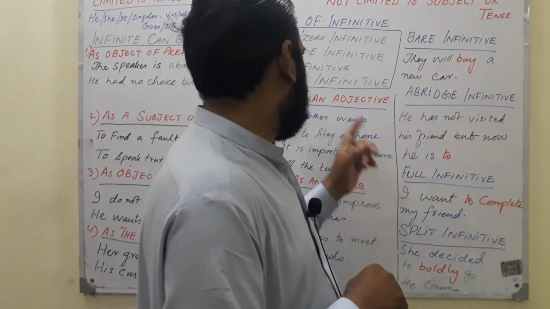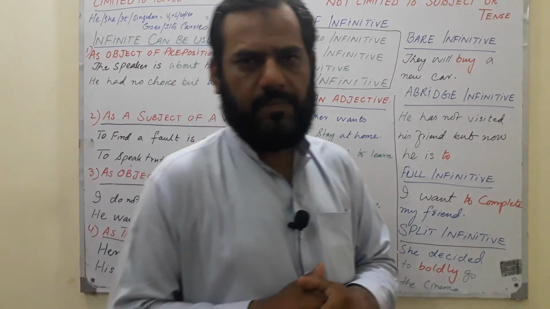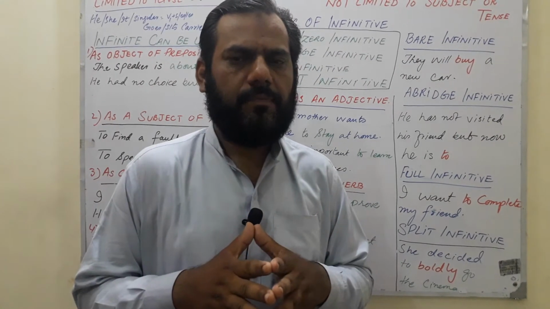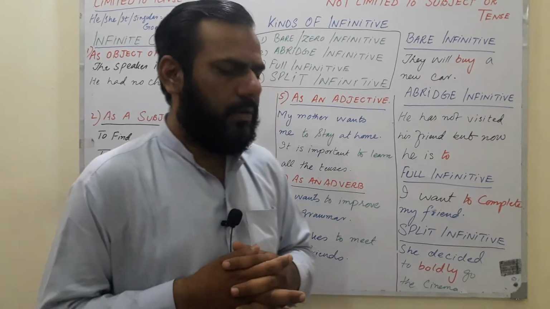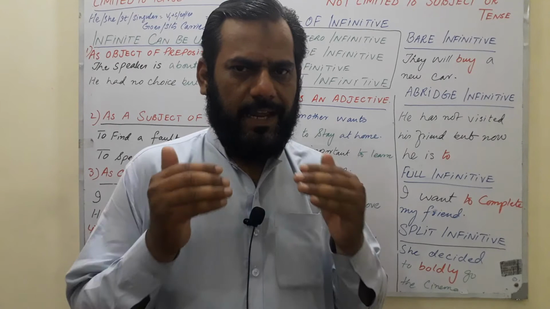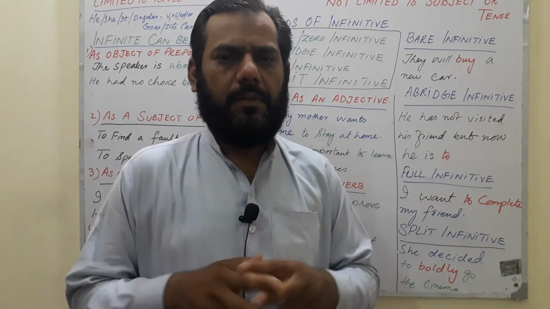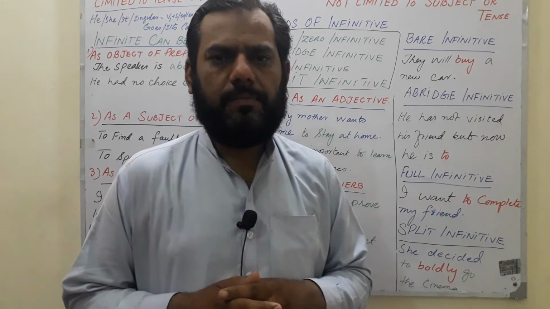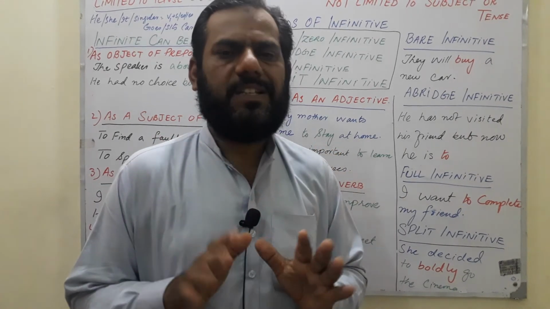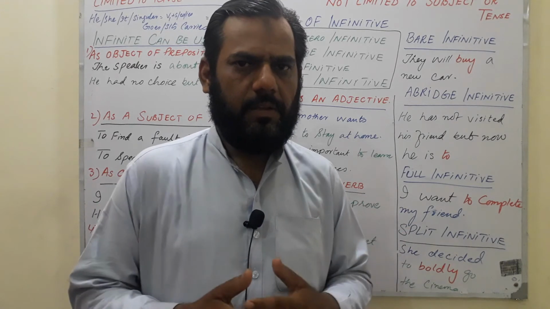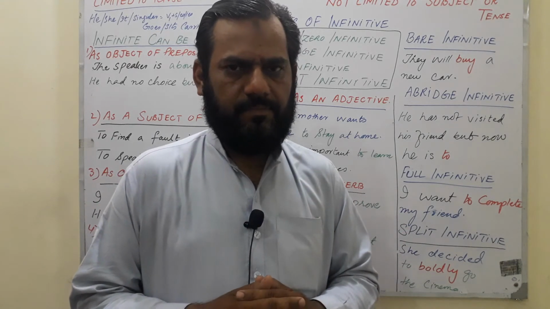The fourth one is split infinitive. Split infinitive is a kind of infinitive in which sometimes we write an adverb of manner between the to and the first form of the verb. Although it is informal, not formal, and we should avoid it.